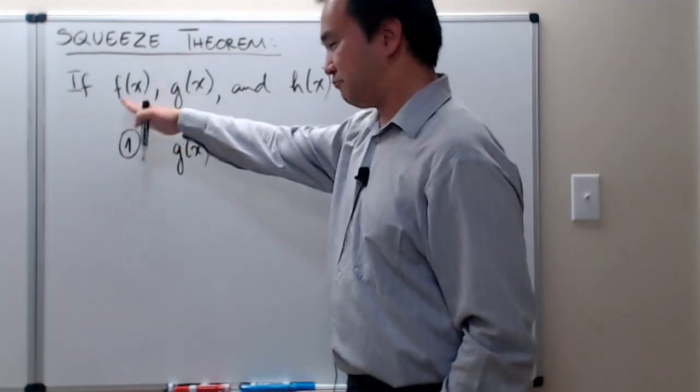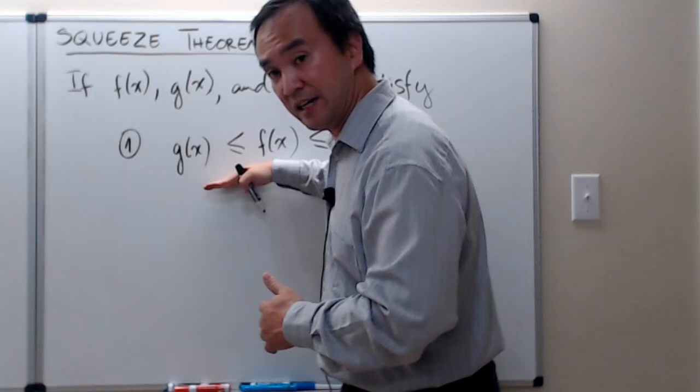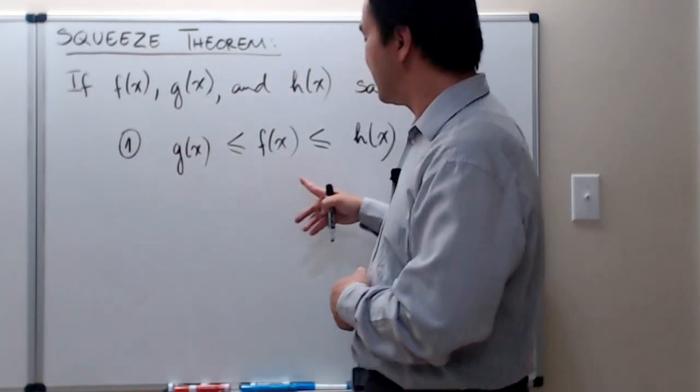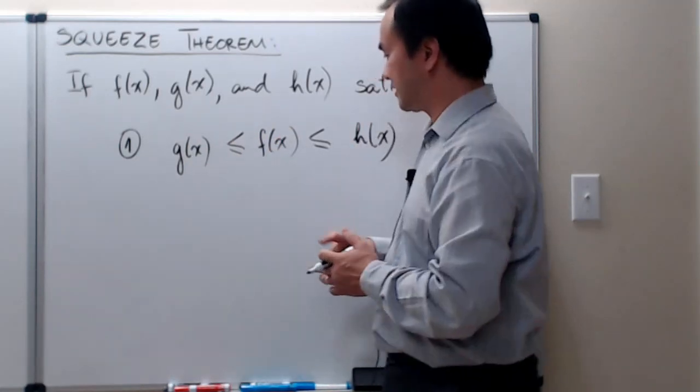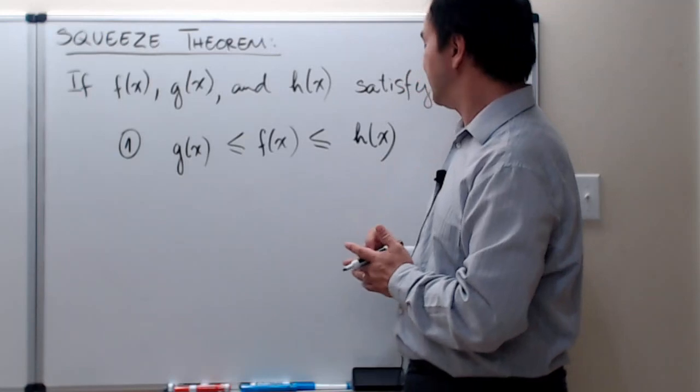So three functions f, g, and h, or whatever functions, as long as we can recognize some inequality, some comparison, some trapping relationship like this, f is being trapped between g of x and h of x.